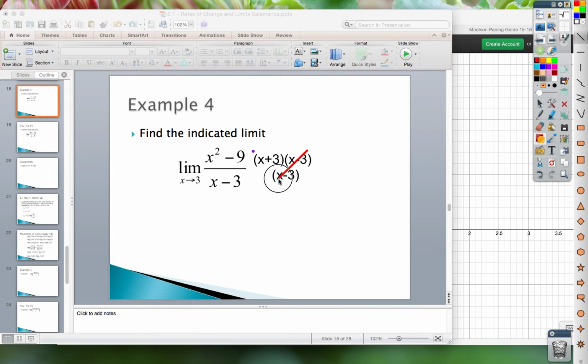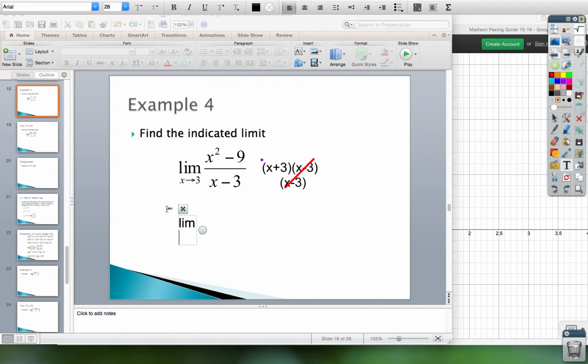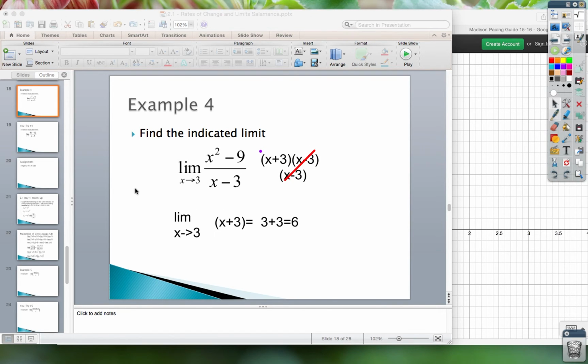Our x minus 3's will cancel out, and we are left with the limit as x approaches 3 for the function x plus 3. Now when we substitute 3 in there this time, we get 3 plus 3, which is equal to 6. Therefore, the limit as x approaches 3 for that function is 6.